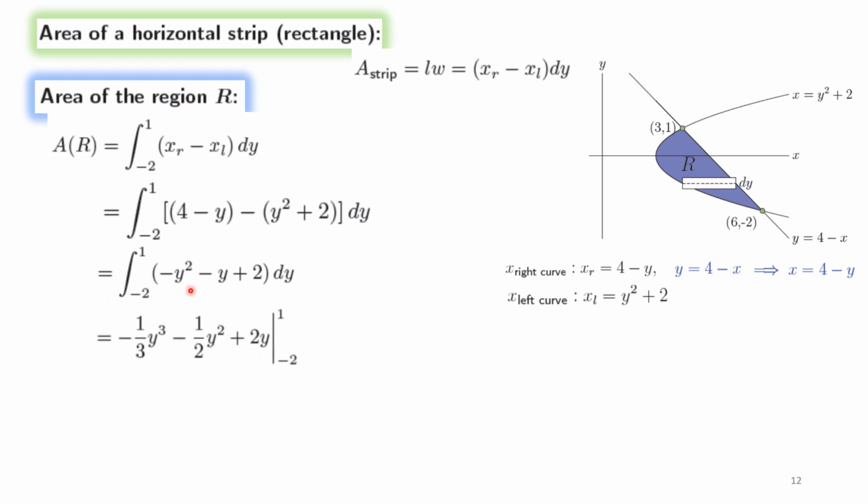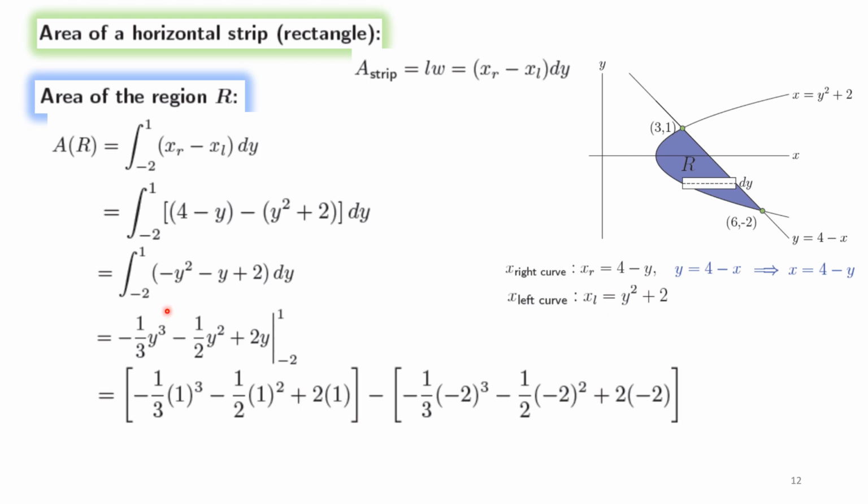This is negative y to the third over 3, minus y to the second over 2, plus 2y, evaluated from -2 to 1. When you substitute those values, the upper limit is 1 gives negative 1/3 times 1 to the third, minus 1/2 times 1 to the second power.